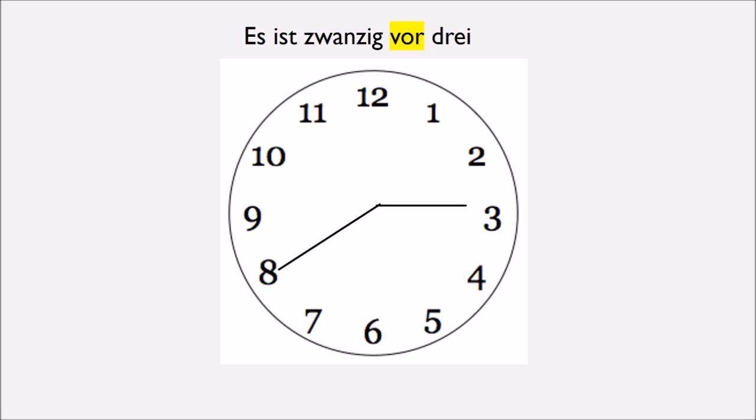I've moved over to 20 vor drei. You'll find out later on why. Now, vor means to. So again, it follows the straightforward pattern. 20 vor drei, 20 to 3. You can probably now guess what quarter to 3 is.